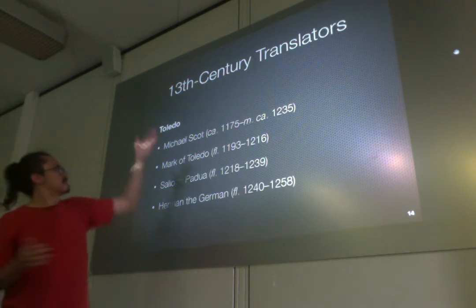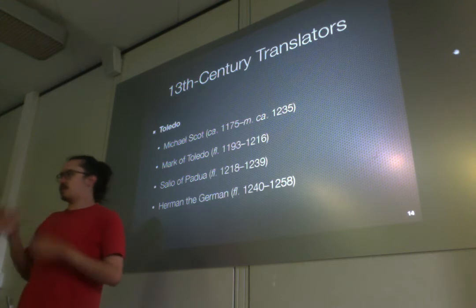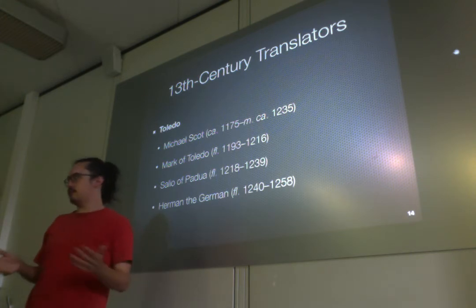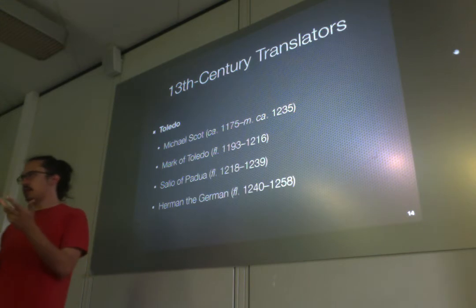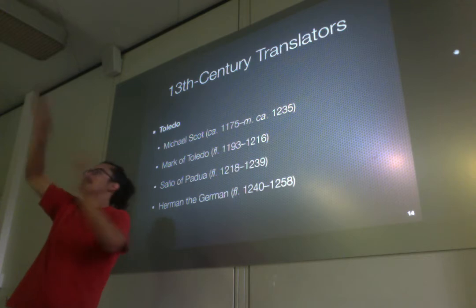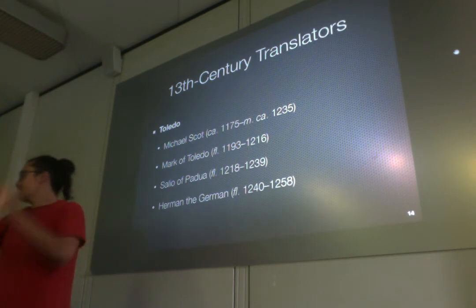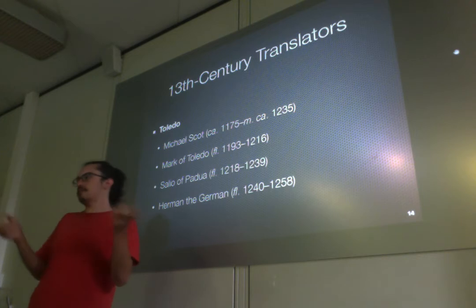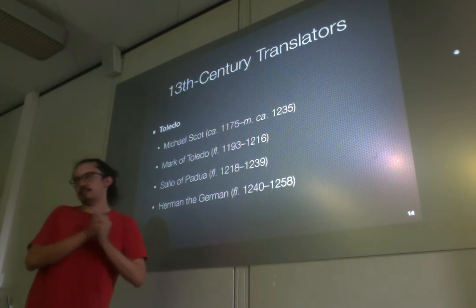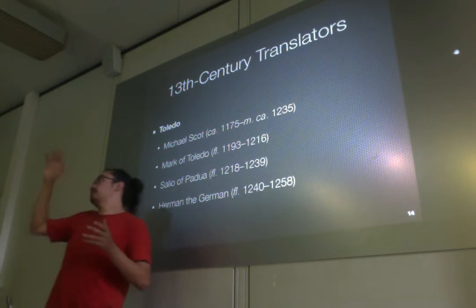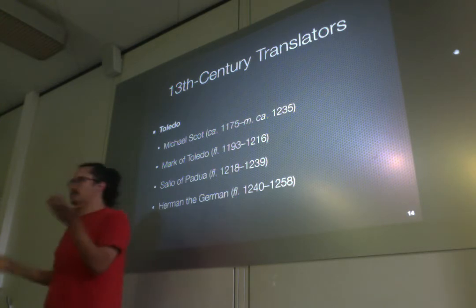And then in the late 13th century we have the translation movement, which was supported by Alfonso X's court. So some people have thought that the School of Translators of Toledo started being active in the mid-12th century, and it stopped being active in the late 13th century.